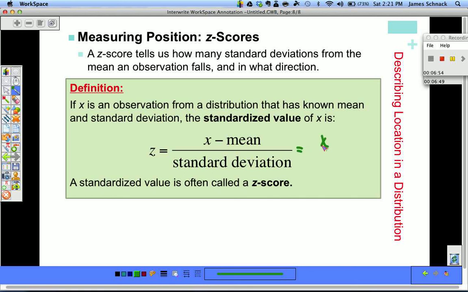A way we can use it with a little bit tighter notation: x minus x bar, or x minus mu a lot of times, over sigma. Mu and sigma would be for population, or if we're talking for a sample, our formula is that. We can just use mean and standard deviation and not worry, are we dealing with population or sample.